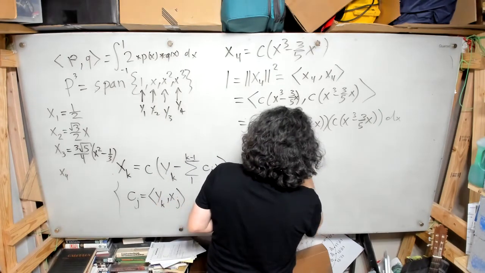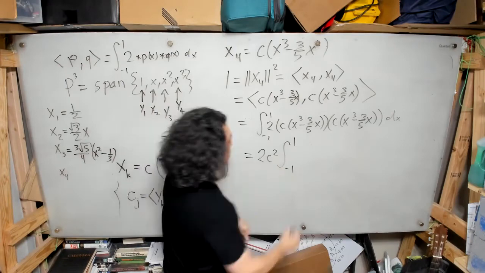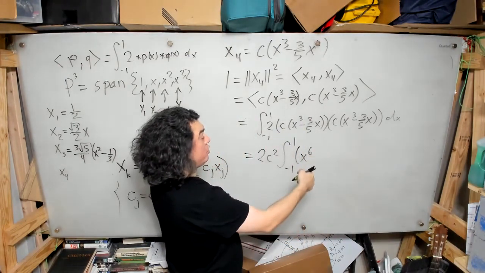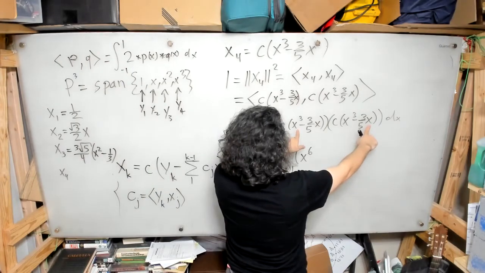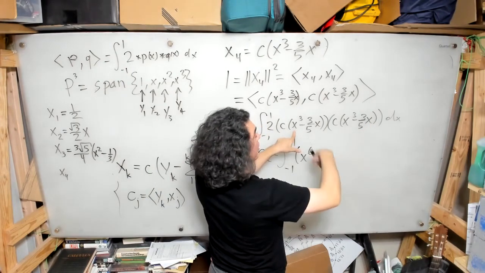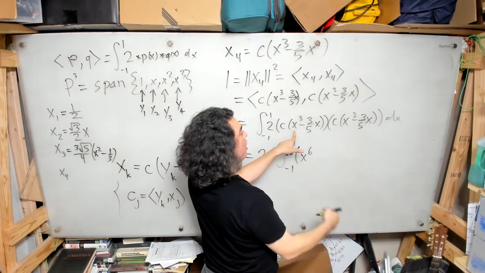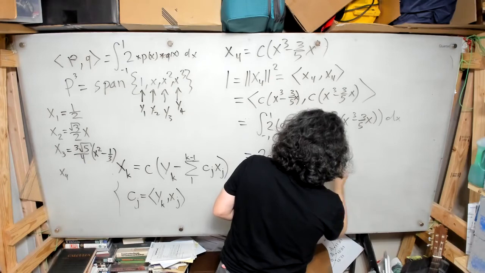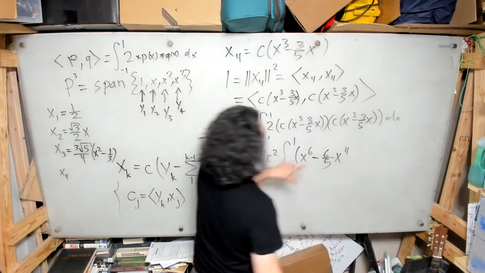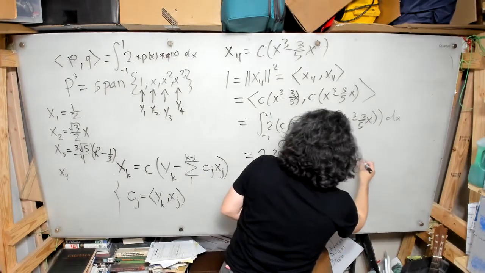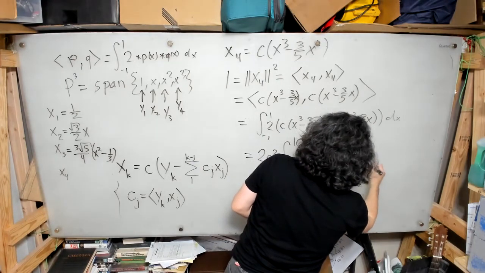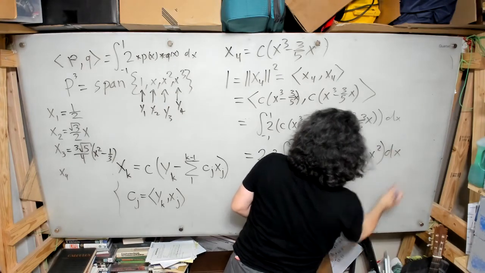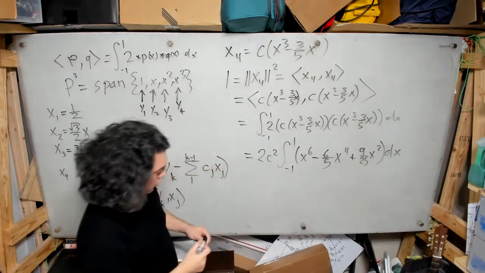Integrate from -1 to 1, x to the 6th power, right? Minus, let me see, that's going to be x to the 4th, right? So -3/5 x to the 4th minus 3/5 x to the 4th is going to be -6/5 x to the 4th. And then it's going to be plus 9 over 25 x squared dx. Okay? Let me make sure.